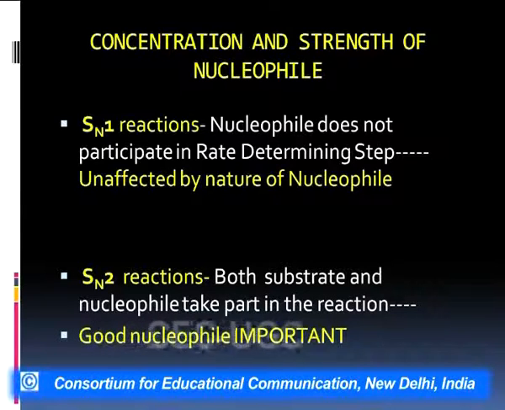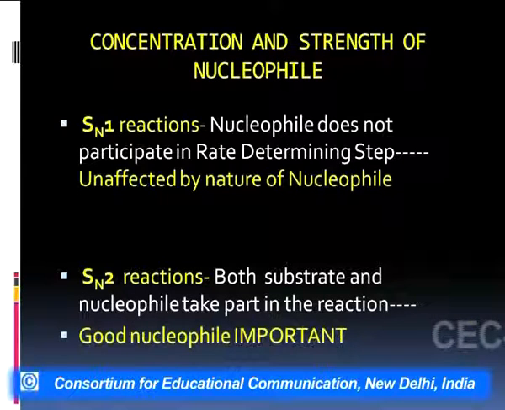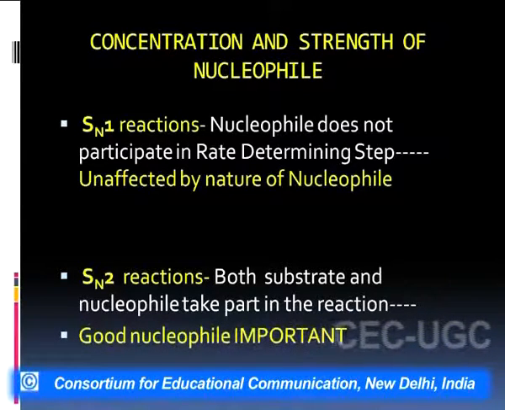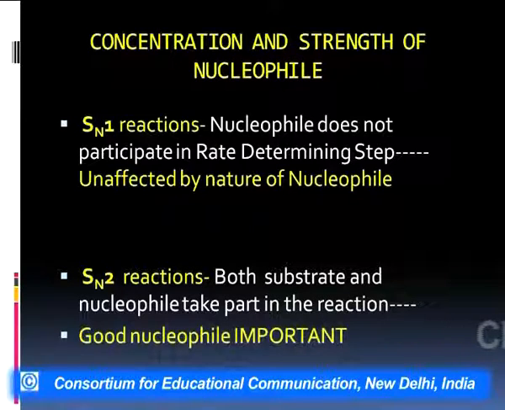Not only this, the rate of reaction is also determined by the nucleophile. So just by looking at the nucleophile, we can say whether the reaction will be an SN1 mechanism or an SN2 mechanism. Now the point to be taken into consideration is that the nucleophile does not take part in the rate determining step of the SN1 reaction.